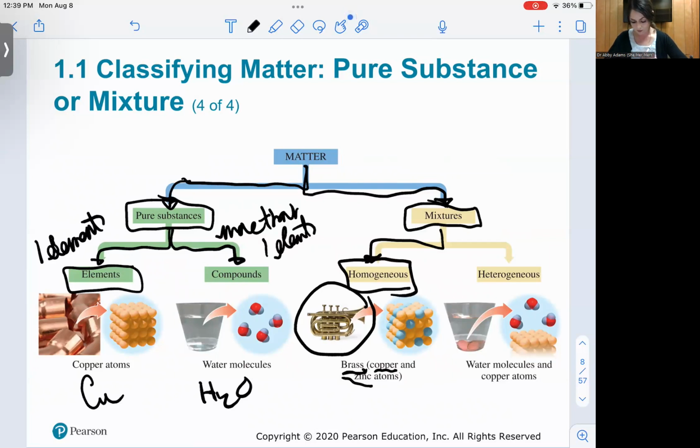Here, if you put pennies in this water, this is a good example. You can see that the copper does not dissolve in the water. The penny sinks to the bottom. You can clearly distinguish the water from the copper pennies. So that's a good example.